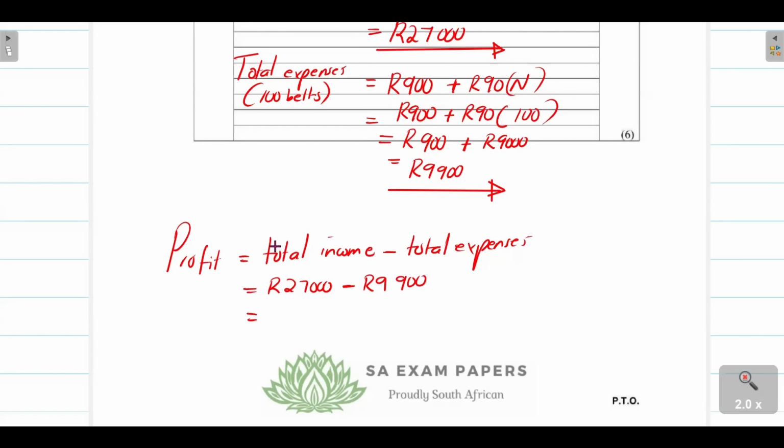Then you'll see that the profit that UTD makes is equal to 17,100. That is the profit that UTD is going to make from selling how many belts? 100 belts.